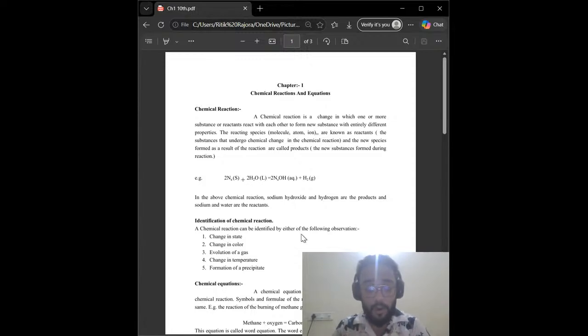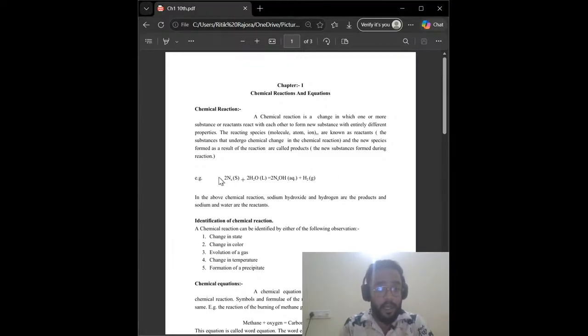And what I said before, a chemical reaction is the reaction of atoms and molecules with each other to form a new substance. I just simply said a simple definition which is asked by the CBSE board. I hope you understand very well.